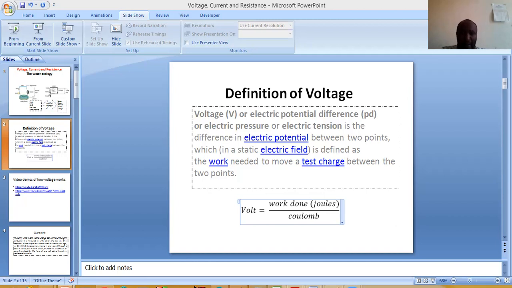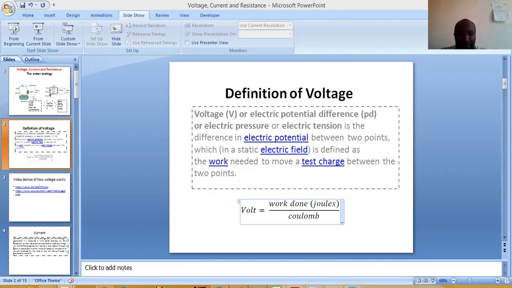So 1 ampere can be defined as the amount of charge equal to 1 coulomb that would pass through a certain point in a conductor in 1 second.